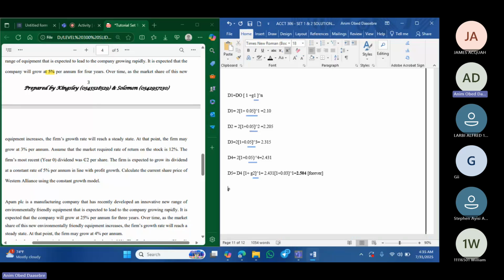We find the terminal value, discounting to year 4 using the constant growth formula, the same as a perpetuity. To discount it back to D4, use this formula.